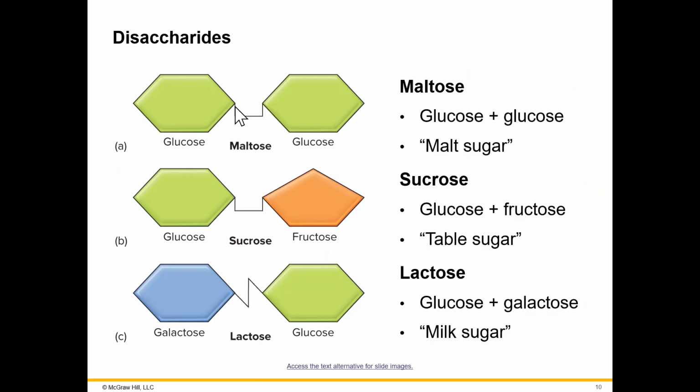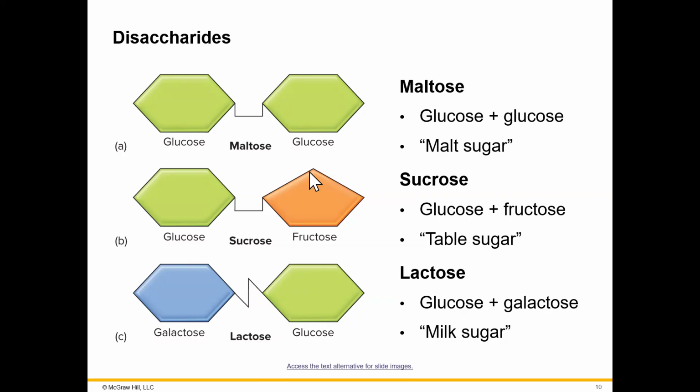These are two simple monosaccharides chemically combined. Because of this chemical bond, through digestion you need an enzyme in order to break it down into its simplest form. We'll talk a little more about that in a minute.